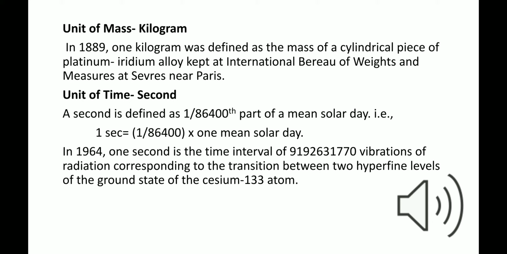The Kibble balance, which makes use of Planck's constant, measures the mass of an object using a precisely measured electromagnetic force. So this was defined as 1 kilogram. So you have to learn the definition. Maybe they ask what is 1 kilogram or define 1 kilogram.